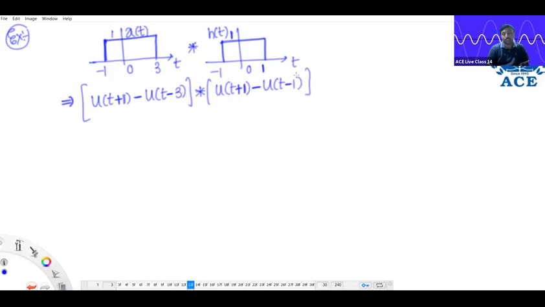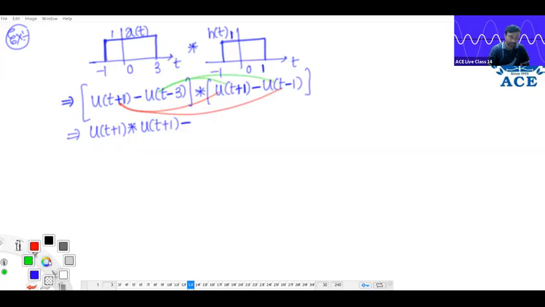First express both signals in terms of step functions, then expand term by term. u(t plus 1) convolved with u(t plus 1). I will show you with lines, then it may be easy for you. Like this, u(t plus 1) with u(t plus 1). The next combination is u(t plus 1) with u(t minus 1).